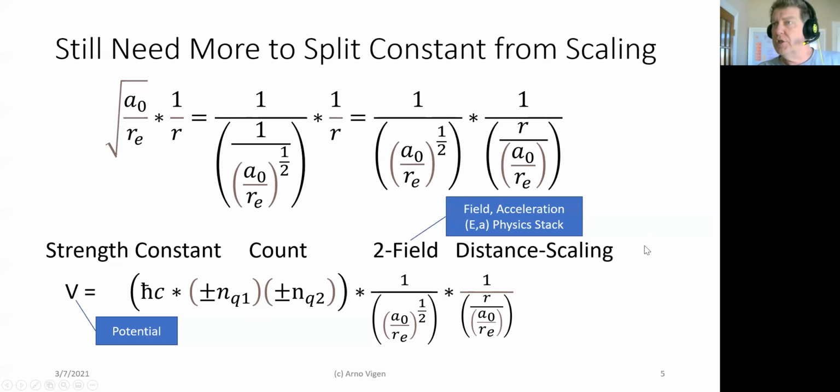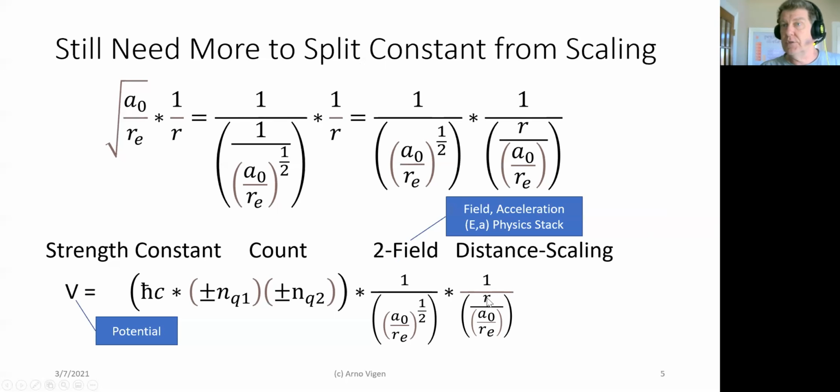So every equation that you do in the field acceleration physics stack is based upon a strength constant, counts, number of particles, quantization, which will become even more important when you get to statistical mechanics, or what they call quantum theory. And then you're going to have that distance scaling, because that's how you change where you are relative to that constant.